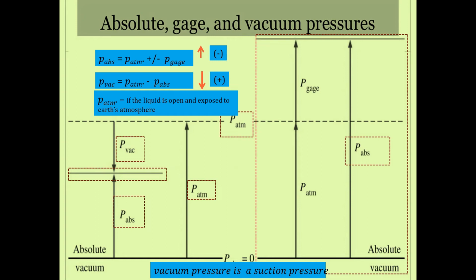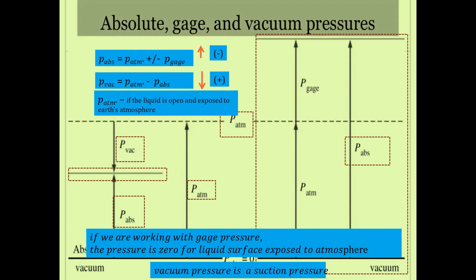A very good example of a suction pressure is the vacuum cleaner, wherein instead of bursting pressure, the pressure is suction. Now, if we are working with gauge pressure, the pressure is 0 for a liquid surface that is exposed to the atmosphere.